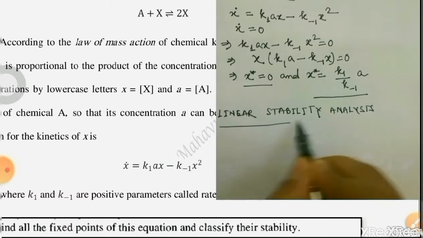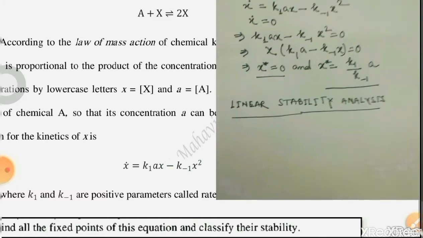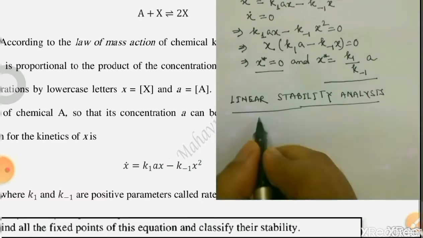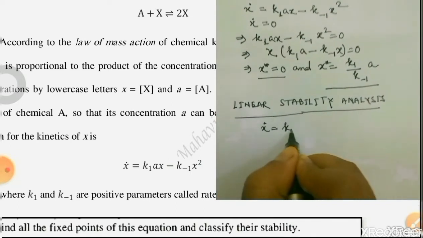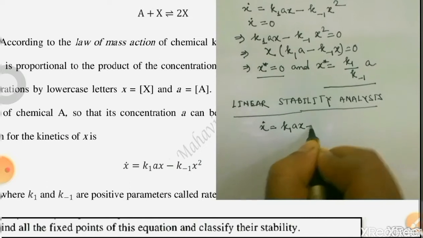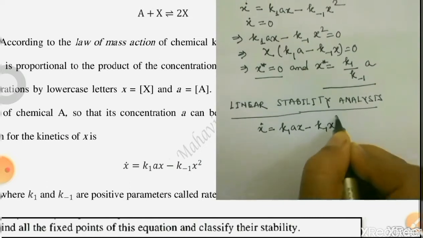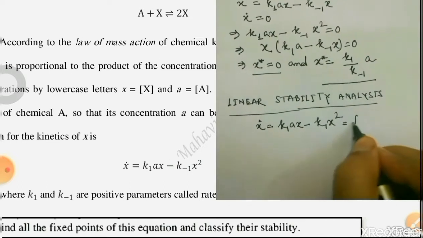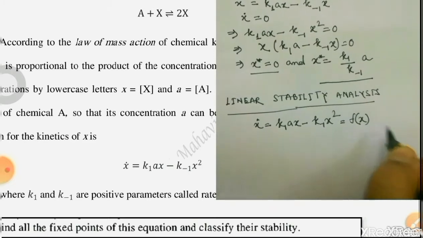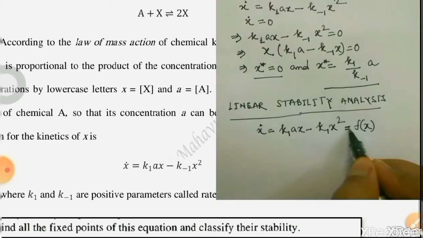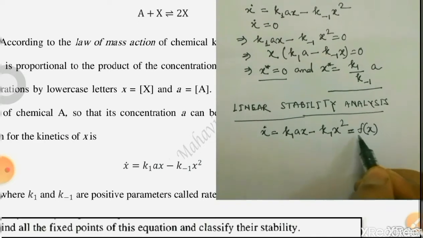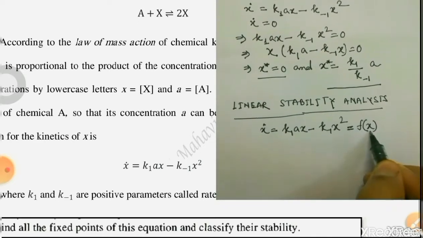So, as mentioned in the previous lecture, we will write x dot equals k1 a x minus k minus 1 x squared as a function of the variable x. That is, x dot will be written as a function f of x.